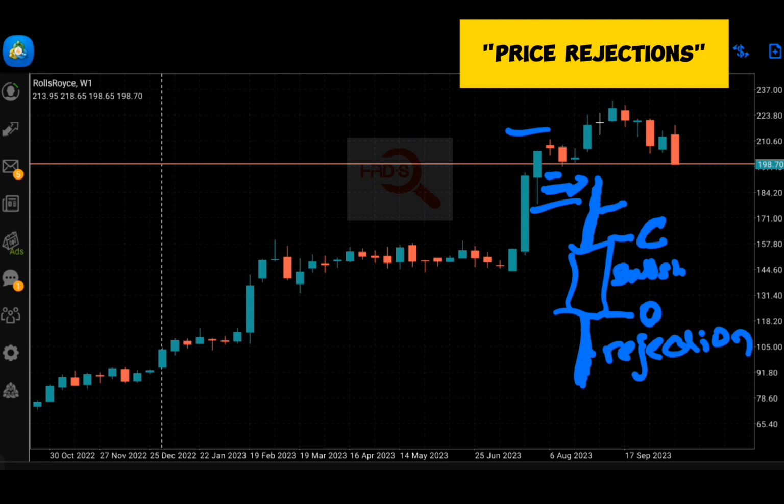Rejection of negotiation. It means that what? When price got to, say, $2,000, if this is to be $2,000, the major investors rejected price. They rejected investing at that very price.